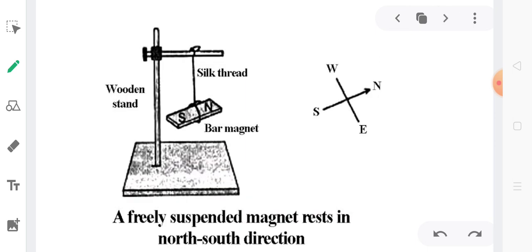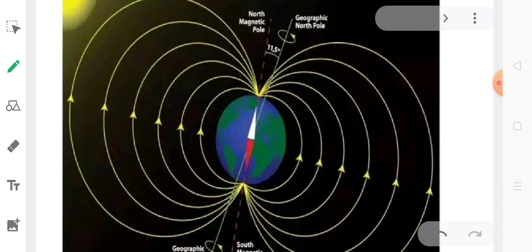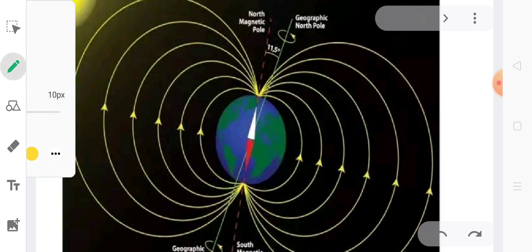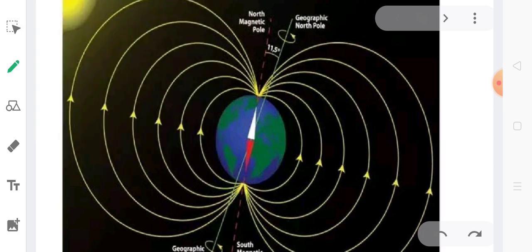Just imagine the upper part of the bar magnet has which polarity? North pole. So it should be attracted by which pole of another magnet? South pole. So earth has got south pole on the top and north pole in the bottom. Okay, south pole in the top and north pole in the bottom.